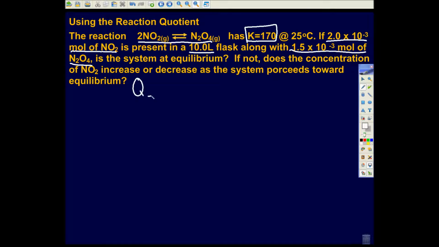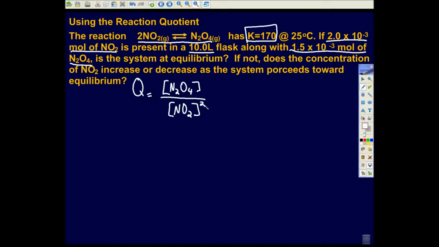solve for Q. And you know, you write a reaction quotient the same way you do an equilibrium expression. We just call it Q because we don't know if it's at equilibrium or not. So that's going to be N2O4 divided by NO2 squared.